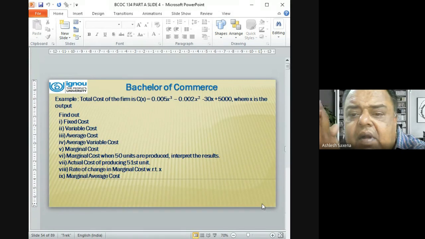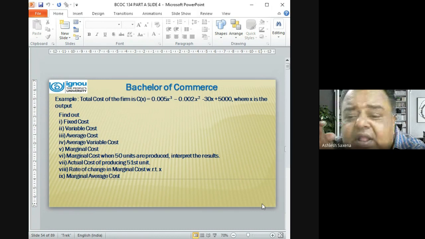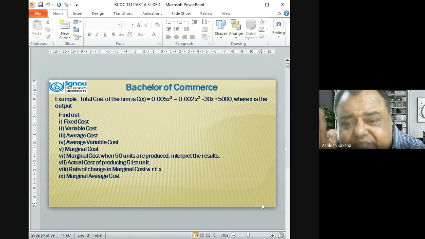The problem is the total cost function is C(x) equal to 0.005 x cube minus 0.002 x square minus 30x plus 5,000, where x is the output. First of all, you have to calculate fixed cost, variable cost, average cost, average variable cost, marginal cost.